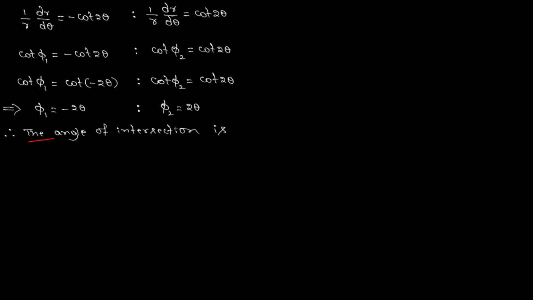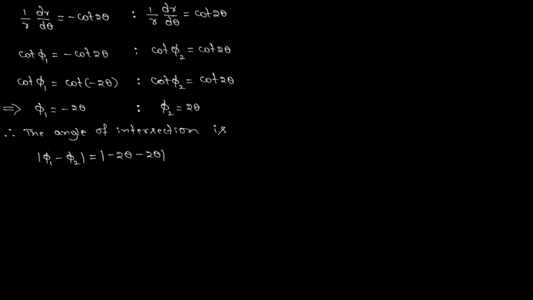Therefore, the angle of intersection is given by the absolute value of phi 1 minus phi 2. Let us substitute the value of phi 1 here and the value of phi 2 here. In the next step we will simplify it further.